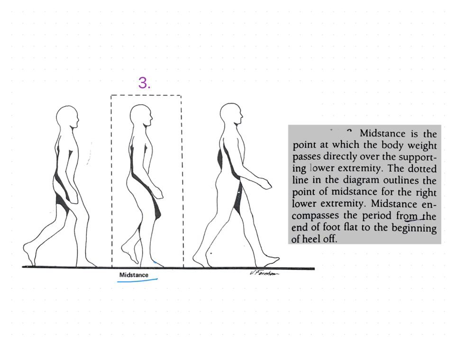That means the contralateral limb is in the air, and the entire body weight is on the reference extremity, the supporting lower extremity. This is the mid stance point, the traditional term.